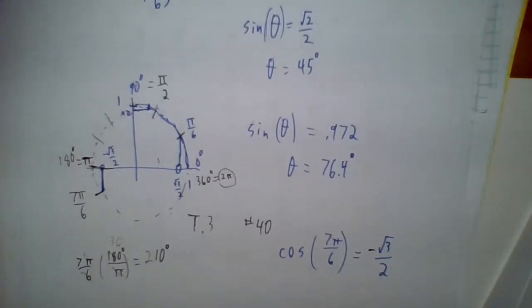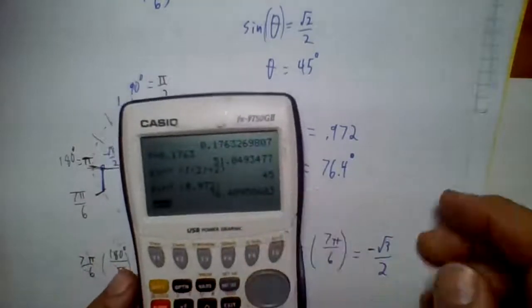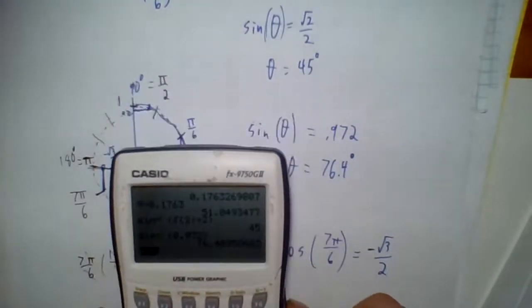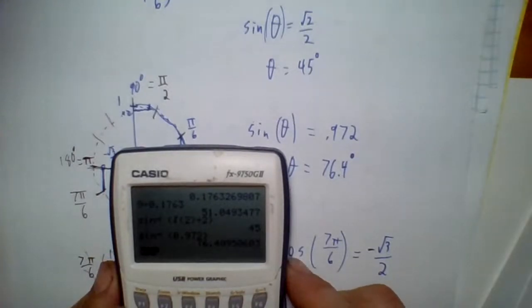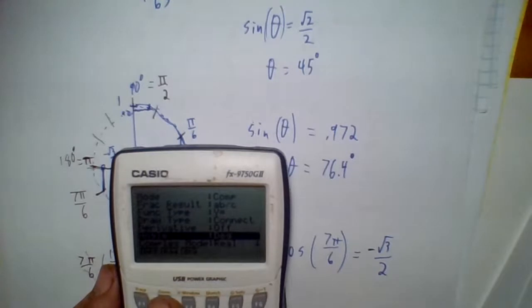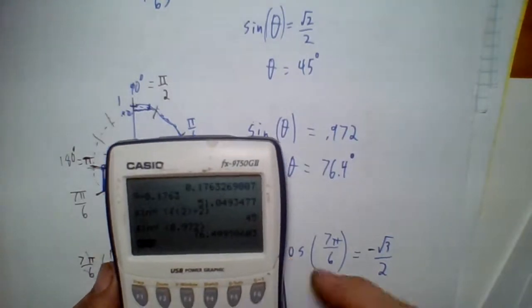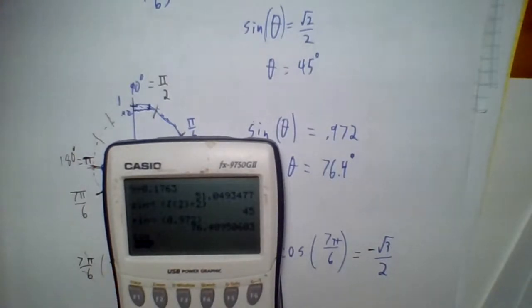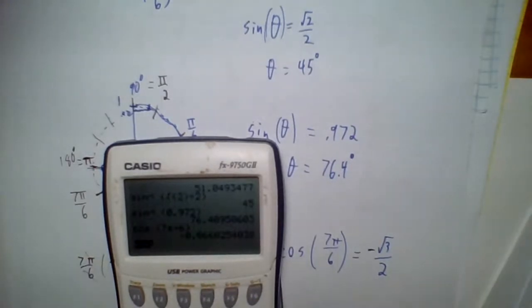We can confirm that calculation-wise. We can go back over here and say, now I'm using radians. I got to change that mode again. So in my angles here, I got to change that over to radians. And I'm going to do cosine of 7 times pi over 6. And that comes out negative.